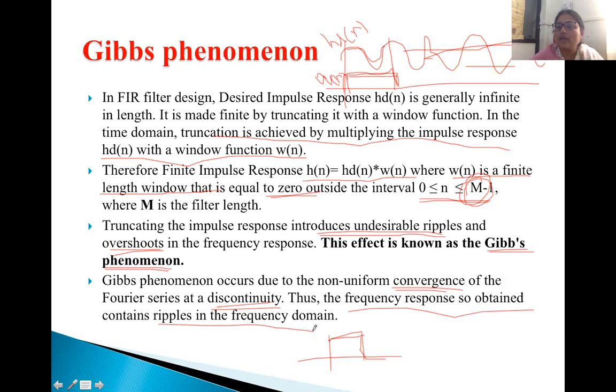This discontinuity is happening because the window function abruptly changes its amplitude, and the pass band abruptly goes into the stop band. Therefore there is a ripple in the pass band. Just for the change from pass band to stop band, it takes time. Again there is a ripple in the stop band. This is what is called the Gibbs phenomenon. I hope all of you have understood this Gibbs phenomenon.